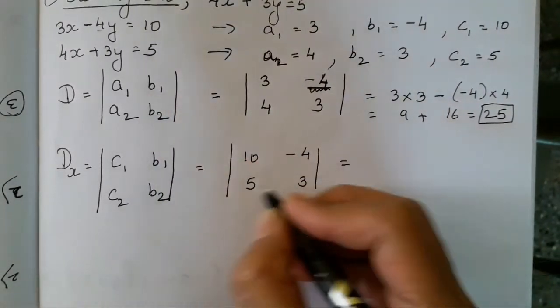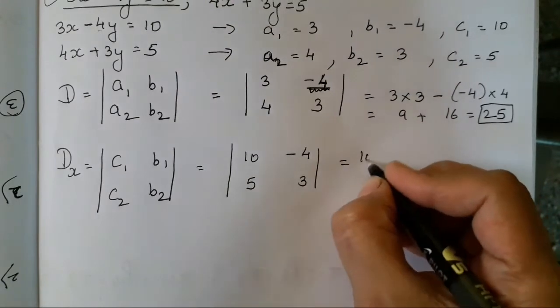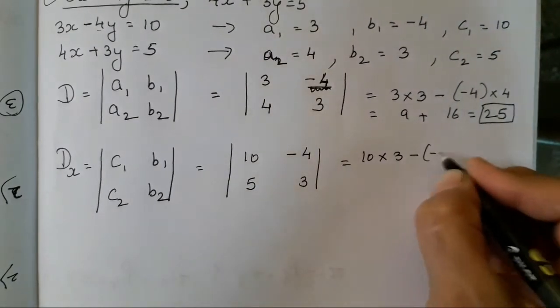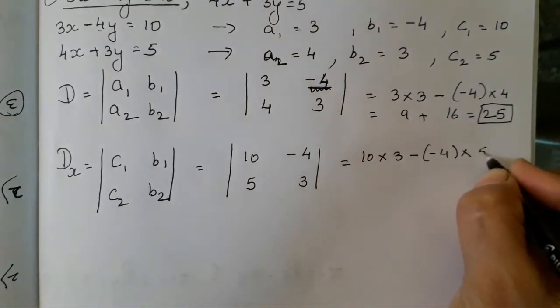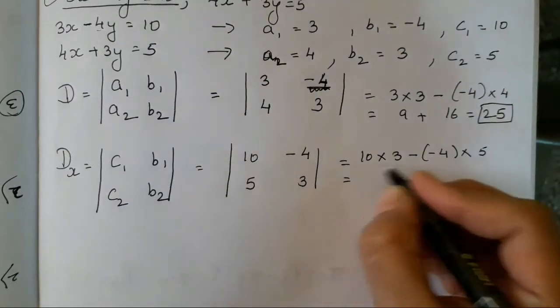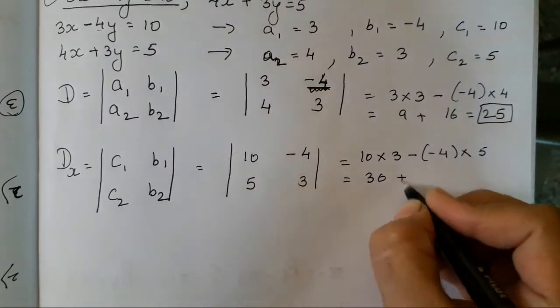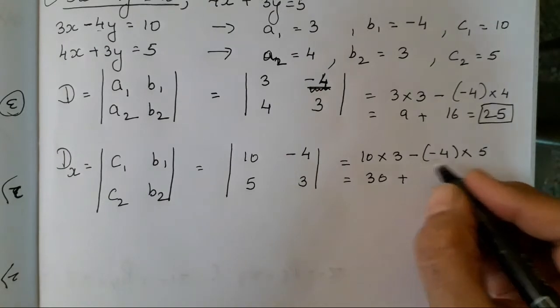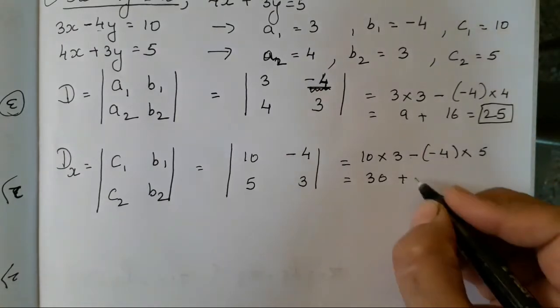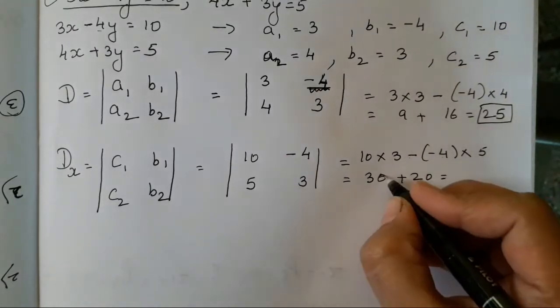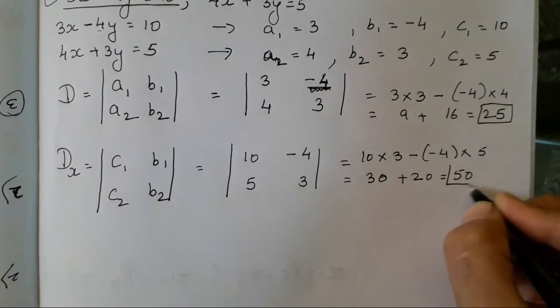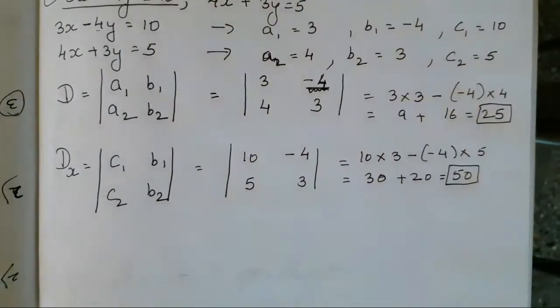Okay, now cross multiply it. Cross multiplication, that is going to be 10 into 3 minus minus 4 into 5, 30 plus 5 4s are 20, minus and minus will change its sign, is equal to, when you add this, the answer is going to be 50. So dx is going to be 50.